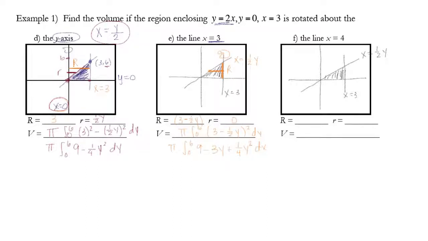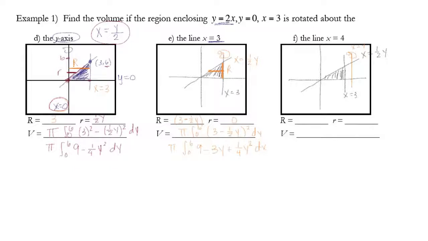Then we have our axis of rotation, which is going to be over here at x equals 4. So we're taking this solid and rotating it about that axis, so we're going to have some gaps here.